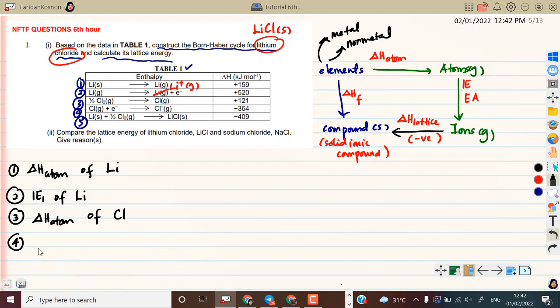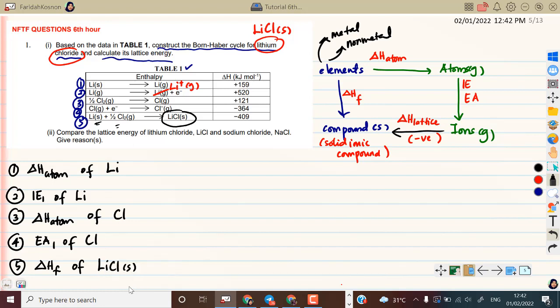So this is the electron affinity, the first electron affinity of chlorine. Okay. And thermochemical equation number 5. That is enthalpy of formation of lithium chloride. So 1 mole lithium chloride is formed from its element. So this is the enthalpy of formation of lithium chloride solid.